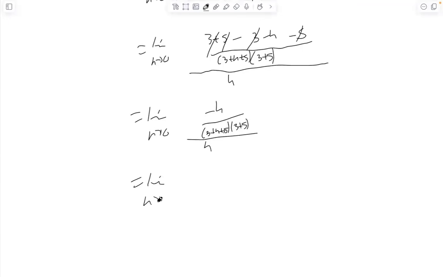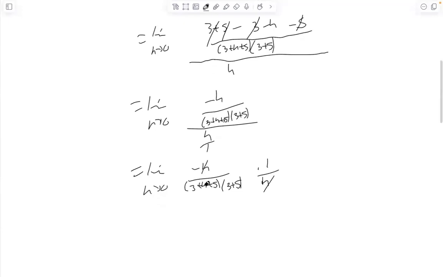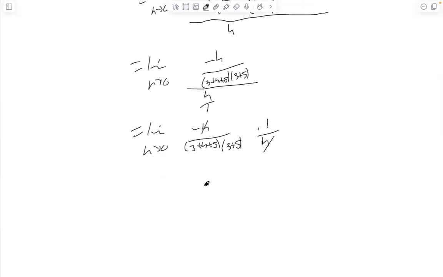Maybe I should have added the 3 and the 5 here, so I would have a little less writing. Dividing by h over 1 is the same as multiplying by 1 over h. This is my big fraction bar here. It's this fraction divided by this one. Hey, look, my h cancels. If an h doesn't cancel, you're taking a derivative wrong.